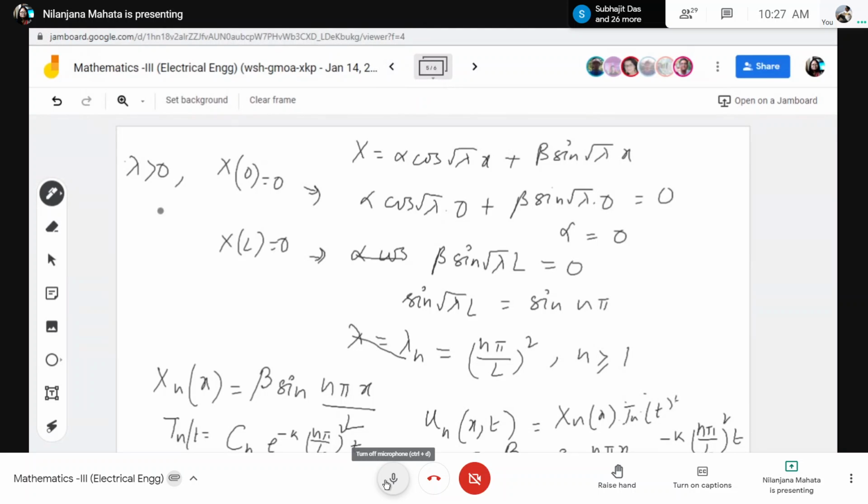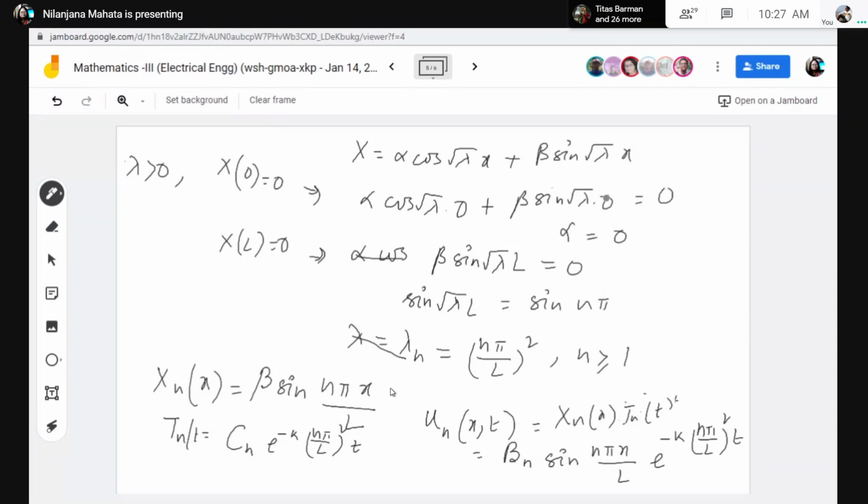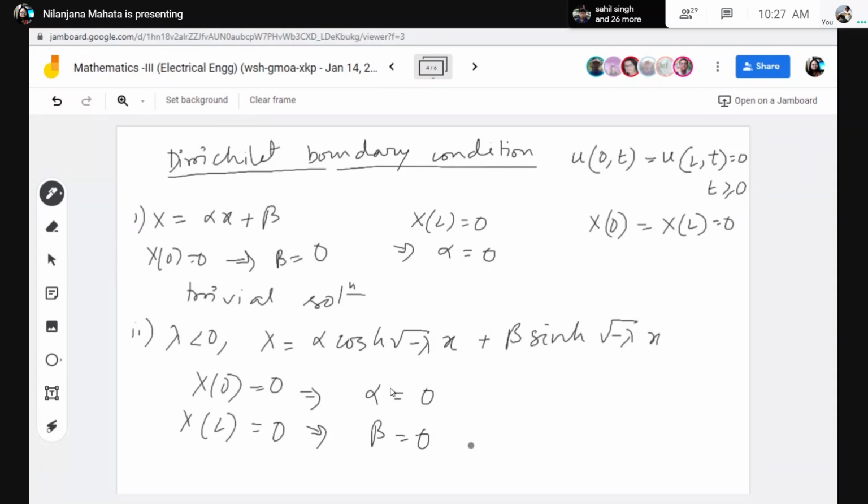Where lambda is greater than 0? Okay. Your alpha is 0. Fine. So if you took your beta 0, then you won't get any solution. This is also a trivial solution. But in the other two cases, there was no other option rather than alpha and beta being equal to 0.